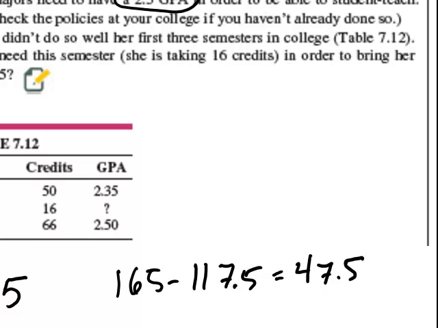She needs this to average out and get her 2.5. So 16 times that number, let's just call it X, better be 47.5. Then I divided both sides by 16 to solve that equation, and I got that X needs to be 2.96875. So I imagine she better make all B's or above. That's what she needs to get that 2.5 GPA.